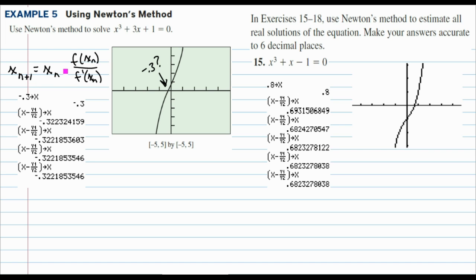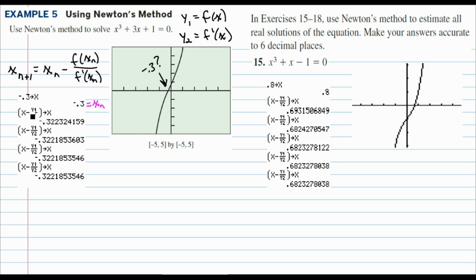And I can do this all in my calculator, which is really, really nice. So we're going to start out with 0.3 as x sub n. Now 0.3 is going to get stored as x. So now I'm going to tell my calculator, take x and subtract. Now I put in y1 the original function, and in y2 I put the derivative, so I don't have to type those formulas over and over again.